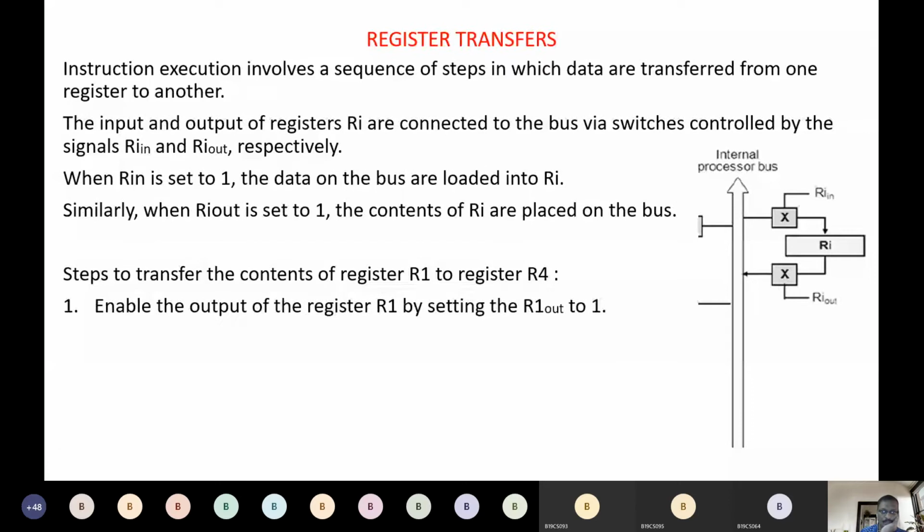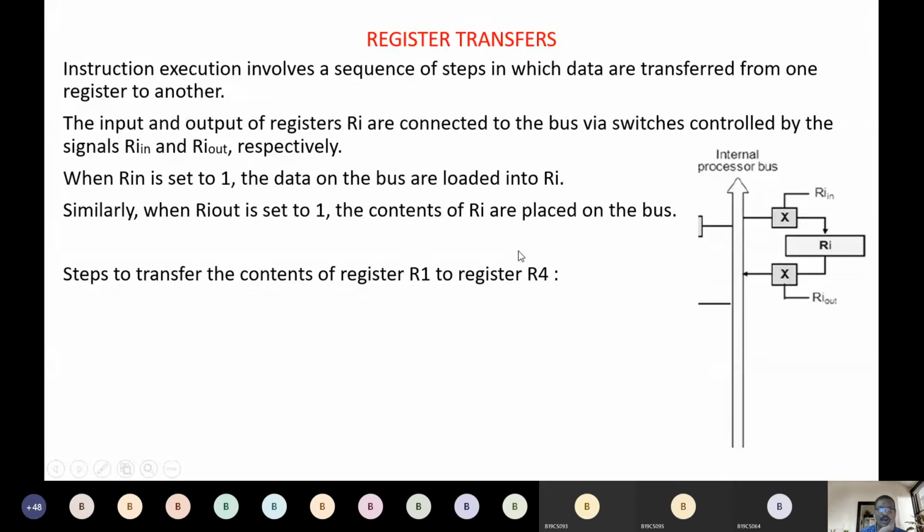Here you can see the few steps to transfer the contents of register R1 to R4. If you want to send some data from R1 to R4, what to do? R1 has some data that needs to be transferred to register R4.